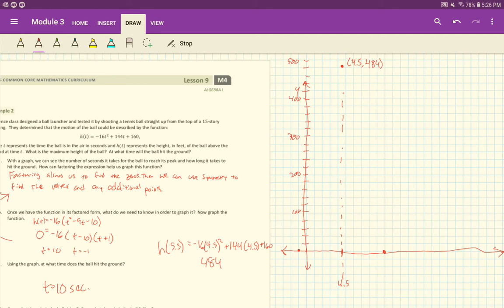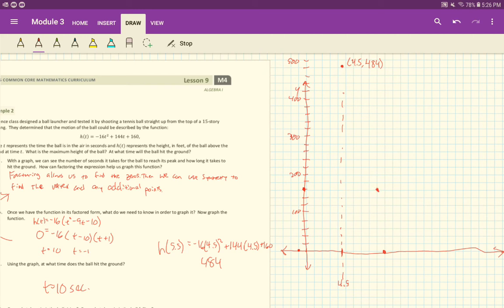So there's that. The y-intercept we said was 160. So 20, 40, 60, 160. And if we go 4.5 blocks, that'll get us to the axis of symmetry. There should be a point right here as well.